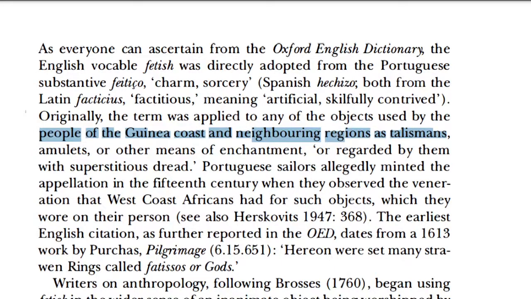Okay, so originally the term was applied to any of the objects of fetish, right, used by the people of the Guinea coast and neighboring regions as talismans, amulets, or other means of enchantment, or regarded by them with superstitious dread. Portuguese sailors allegedly minted the appellation in the 15th century when they observed the veneration that West Coast Africans had for such objects which they wore on their person.